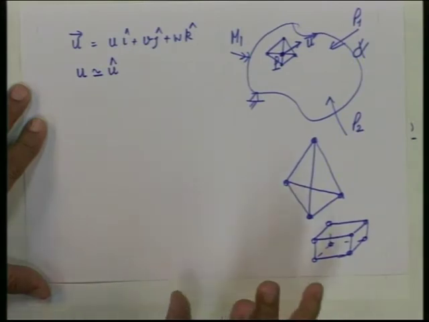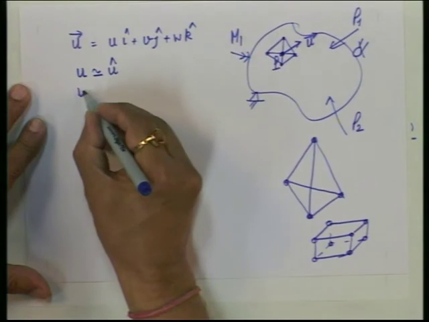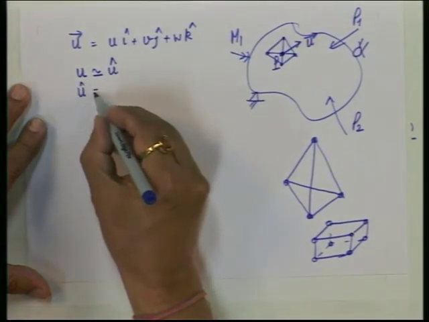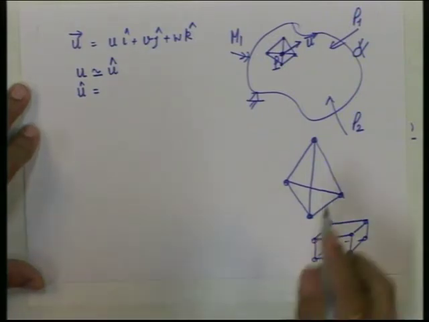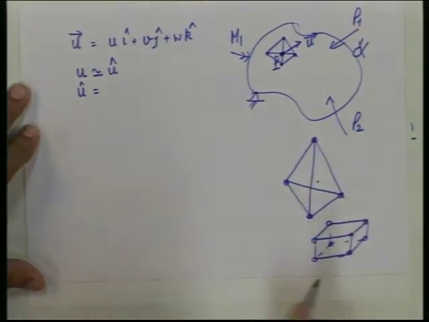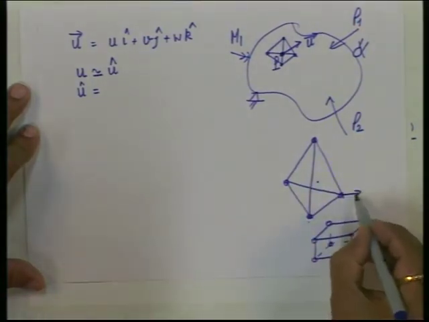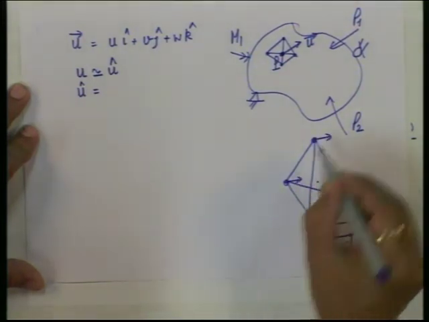Let us say it is, and then u hat we write as equal to, let me write down this displacement, which is a function of x, y, z within the element, in terms of nodal values. That means u of this, u of this, u of this and u of this.